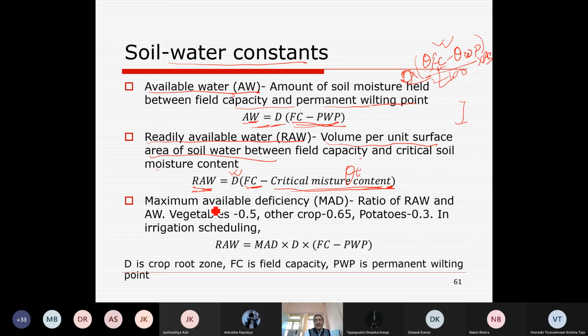So the maximum allowable deficit or deficiency, also sometimes called management allowable deficiency, means the same. It is field capacity, and here in this graph, if you have seen, this particular condition is time t, that is critical.